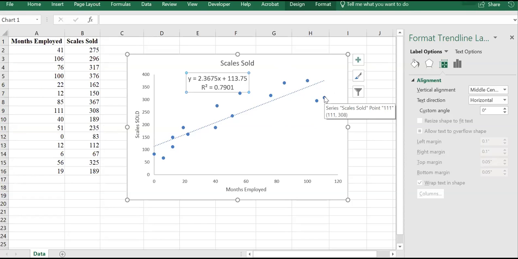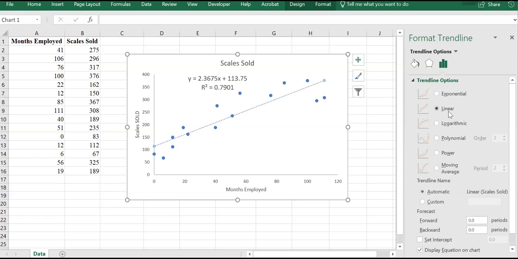So what I'm going to do now is change my trend line type. Instead of linear, Excel provides us with a few options, but I'm going to go with polynomial with the second order. I'm just going to focus on polynomial here.